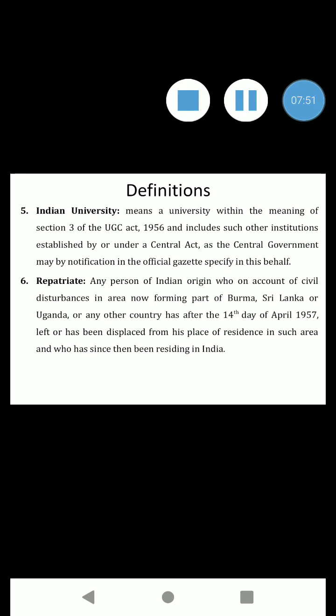It means a person of Indian origin from another country who was displaced from that area and is now residing in India.